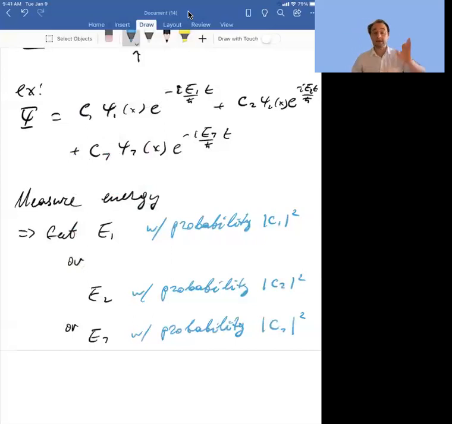You're certain to get either E1 or E2 or E7. One of those three. Absolutely. Nothing else. But definitely one of those three.